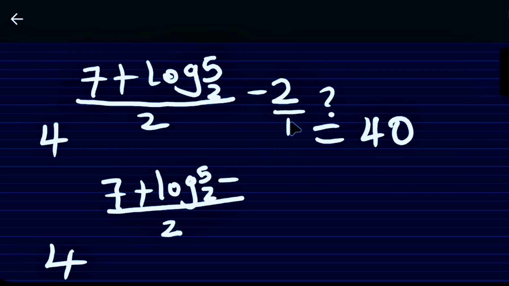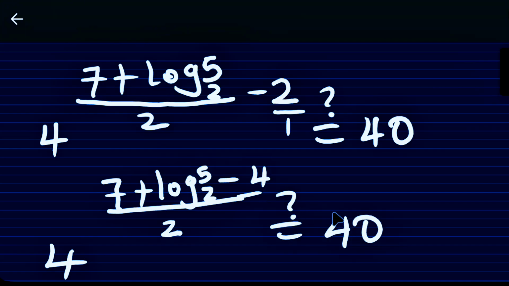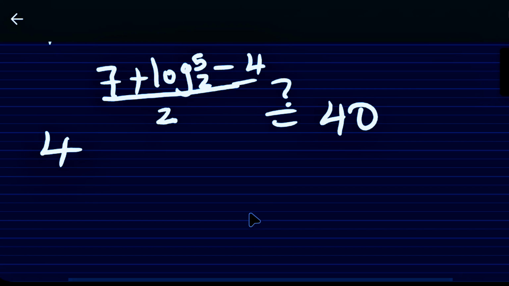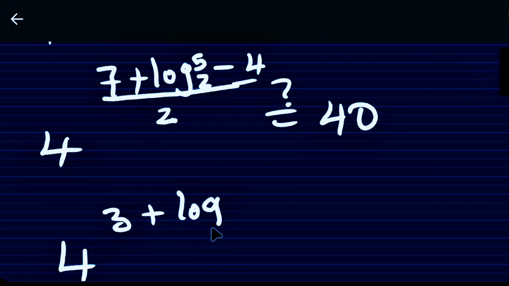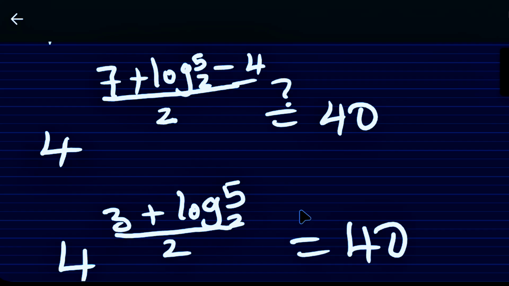Then minus 1 divided by 2 is 2. 2 multiplied by 2 equals 4. Then would this give us 40? Okay, let's continue. So from here, we are going to subtract 4 from 7. And if we do that, we are going to have 7 minus 4 equals 3, plus log 5 base 2. Then we'll divide this by 2. And is this equal to 40?